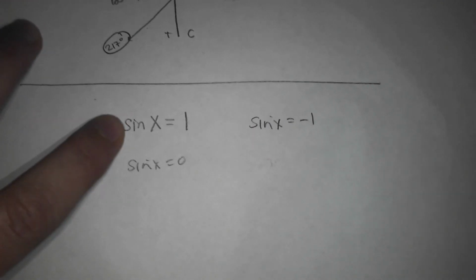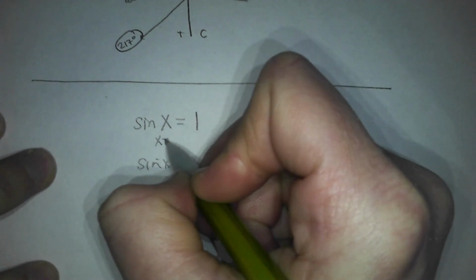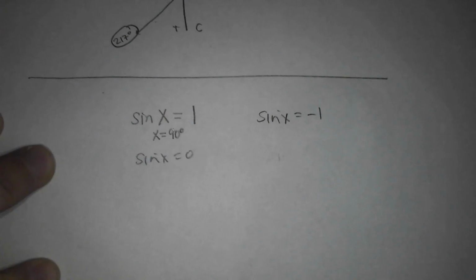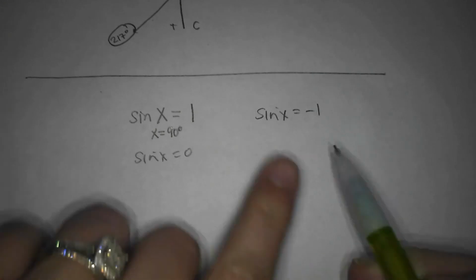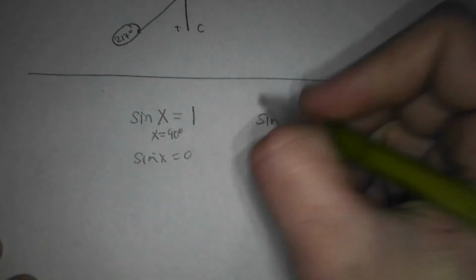If you look at your red circle over there on the whiteboard, there's only one spot where the y coordinate is 1, and that's at what angle? 90 degrees. And there's only one spot where the sine is the extreme negative 1, and that's at 270.